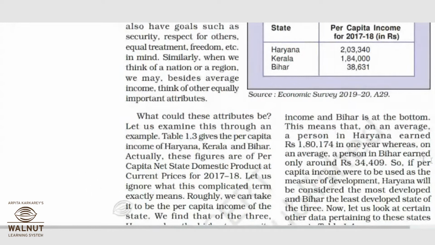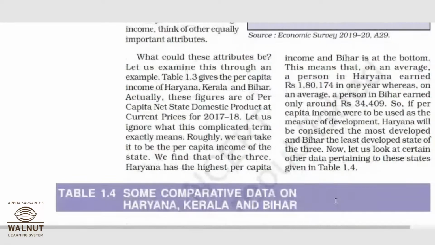So, if per capita income were to be used as the measure of development, Haryana will be considered the most developed and Bihar the least developed state of the three.